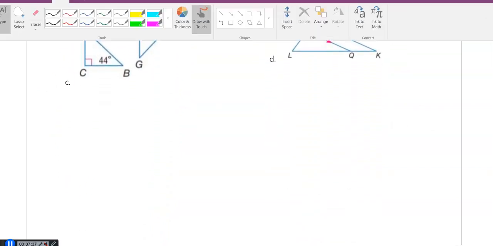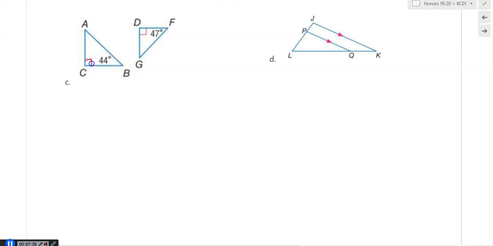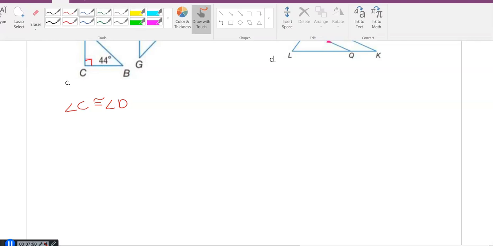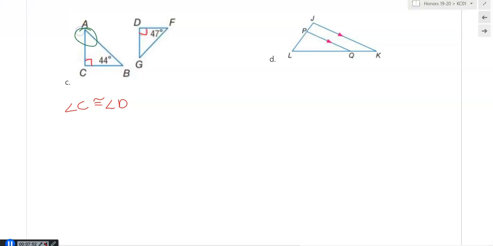Next problem. The first thing I see here is I have these right angles. Right angles are going to be congruent. So angle C is congruent to angle D. Then I need to find my missing angle. I'm going to solve for A. Remember, a 90-degree angle is a right angle. So I can say 90 plus 44 plus A has to equal 180.